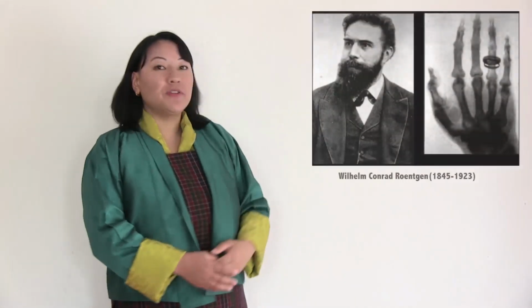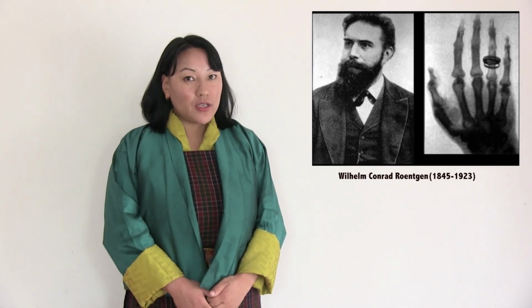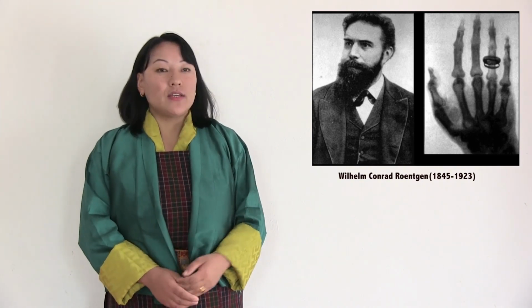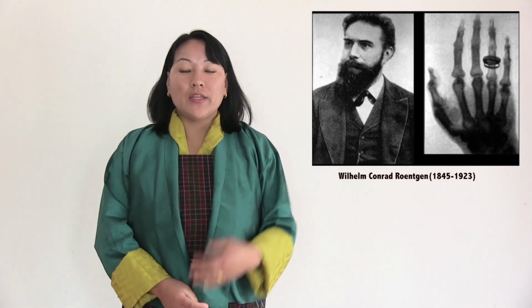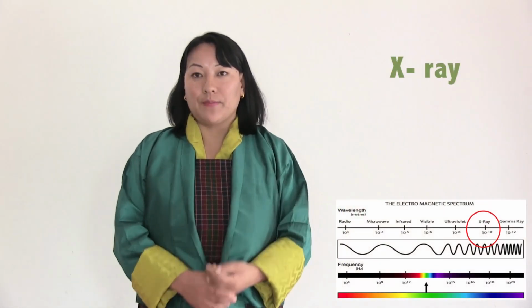This is a German physicist, William Röntgen. In 1895, he discovered a unique radiation. He found out that this radiation can penetrate through the soft tissues and skin. He was not sure what kind of radiation it was, so he named it X radiation, and later it was called X-ray.